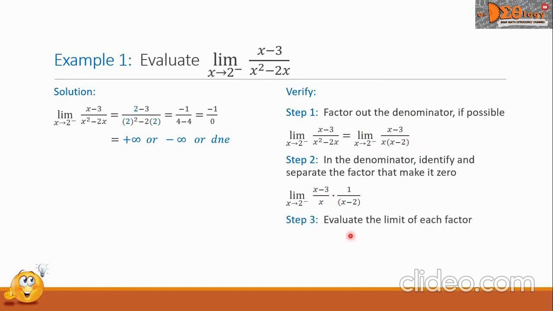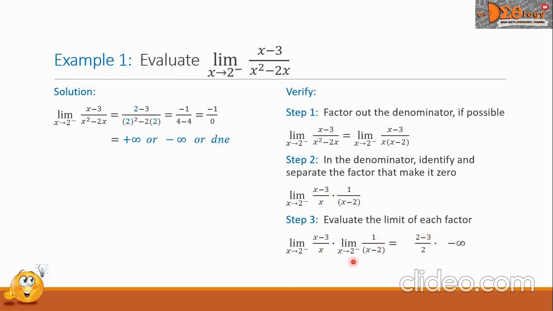Step 3, let us evaluate the limit of each factor. So we have now the limit of this factor times the limit of this factor. Evaluating our first limit here, we will have 2 minus 3 over 2 times the limit of the second function.